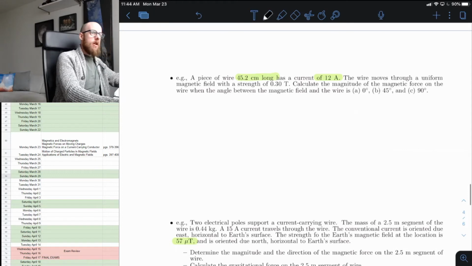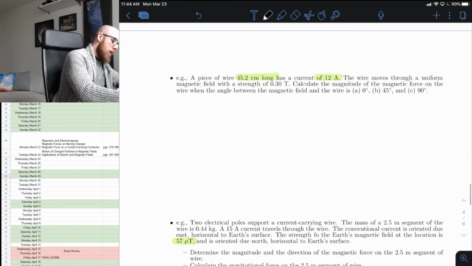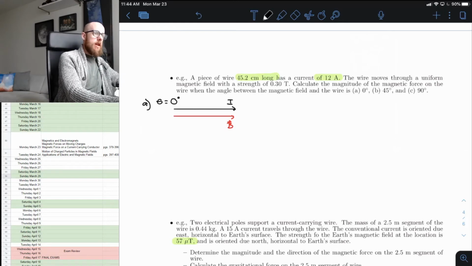Okay, so we're going to consider 3 different orientations here. Let's say this is the wire, so this is the direction that the current is flowing in, and then here we have the magnetic field in red. This is case A, when theta is 0 degrees. So the wire is perfectly aligned with the magnetic field.